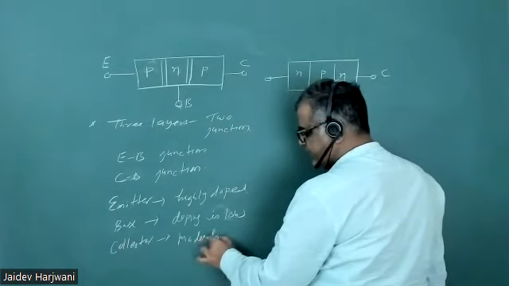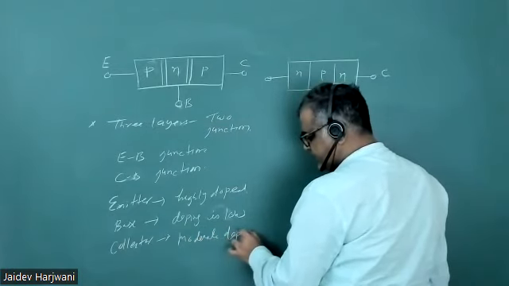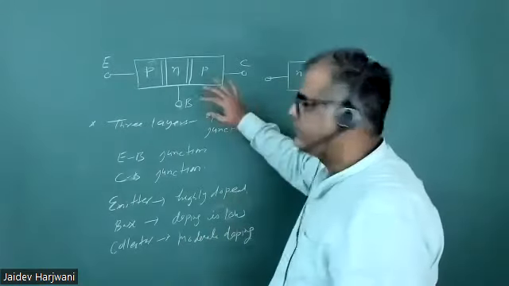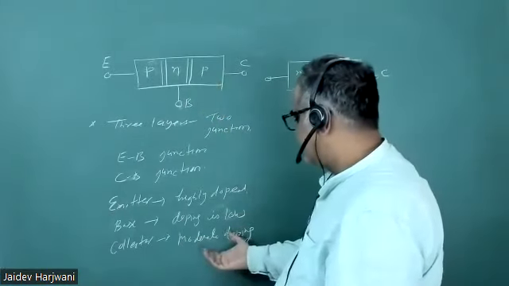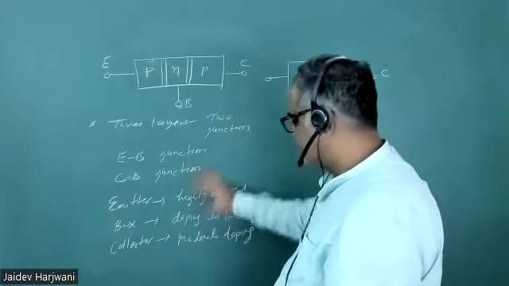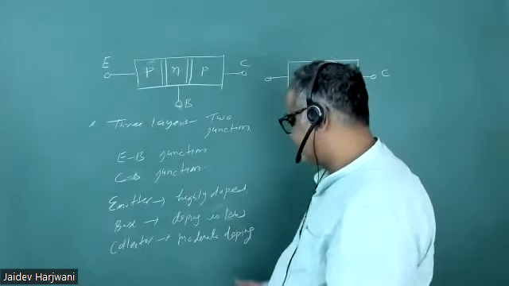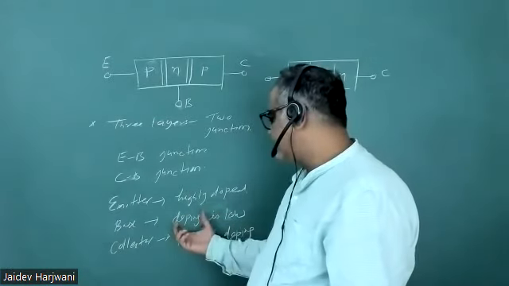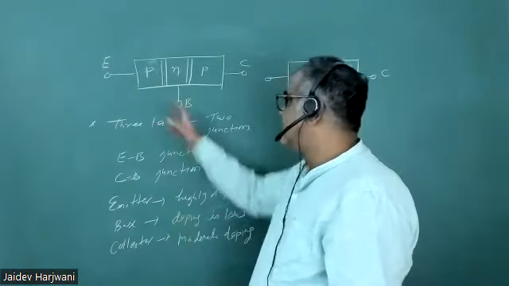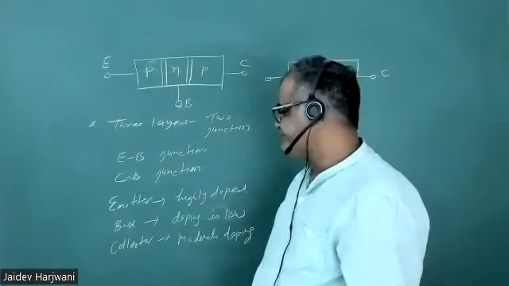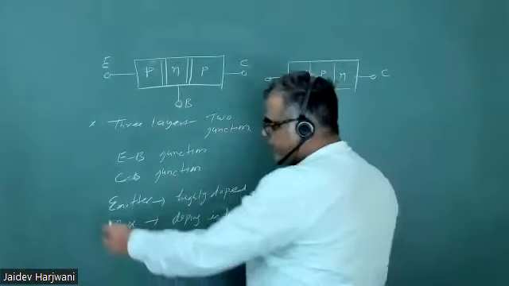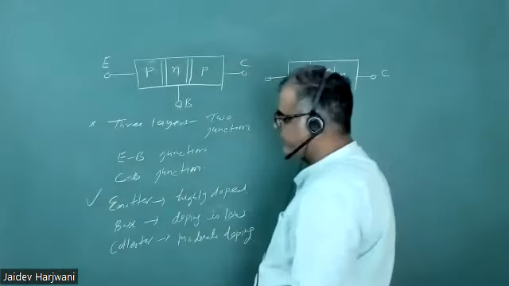Some books say that the collector has the lowest doping, but I keep it like this because base doping should be low. That is the requirement, because we want very little recombination here. So you should remember that the emitter is very highly doped.